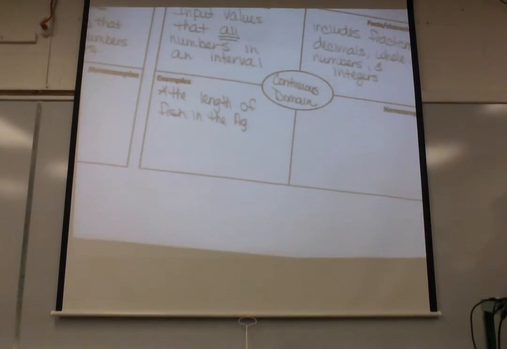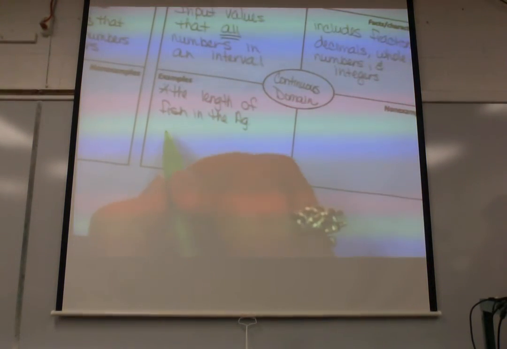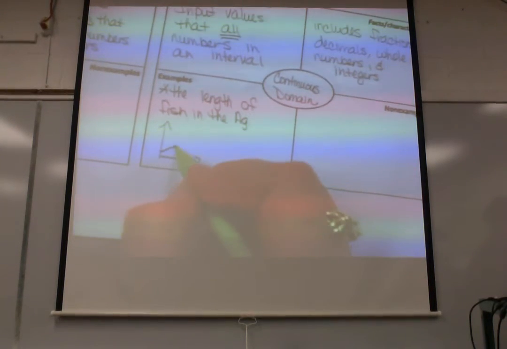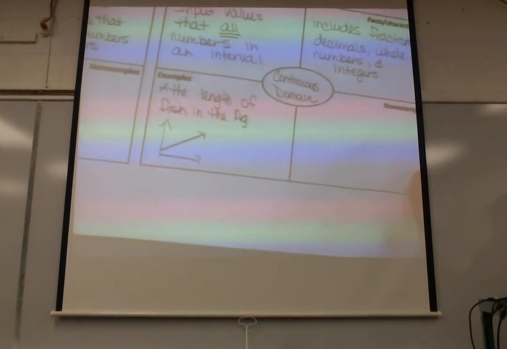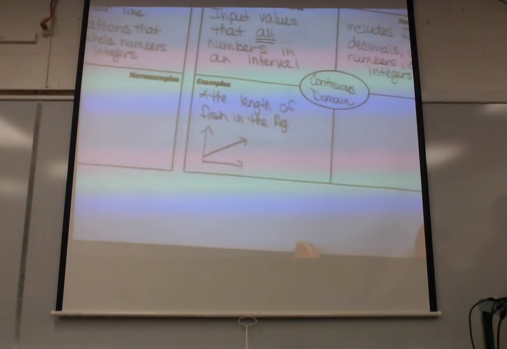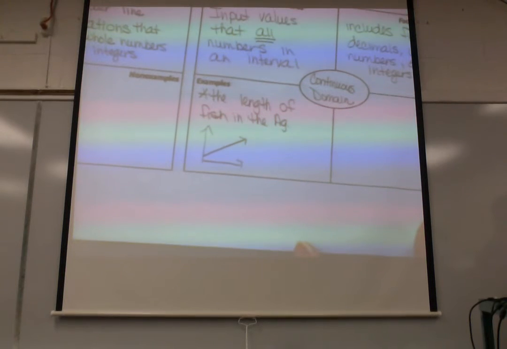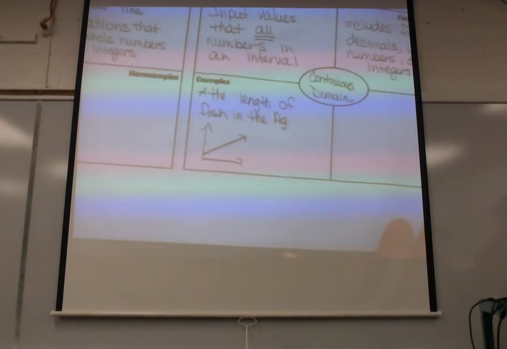I would assume they would measure them as they grow. Aren't they going to chart that and measure them as they grow, and keep track of them? So that's going to be a solid line. So that's going to be continuous.